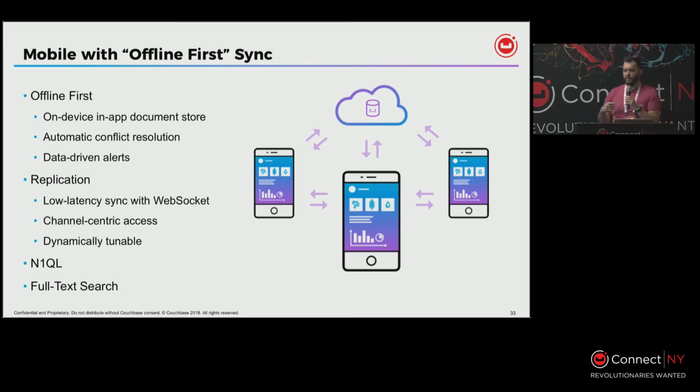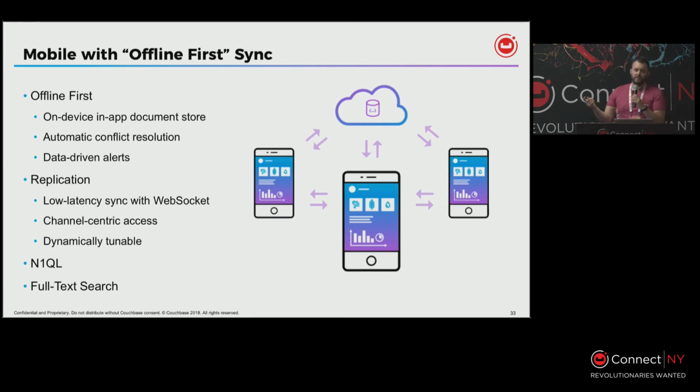We've taken that seriously, and from the Couchbase mobile perspective, it's offline first. What good is the app if it requires you to always be online and working? The app should function the same way offline as it does online.